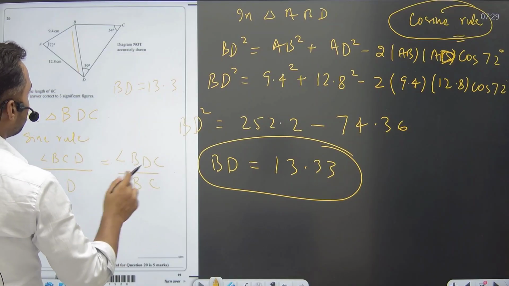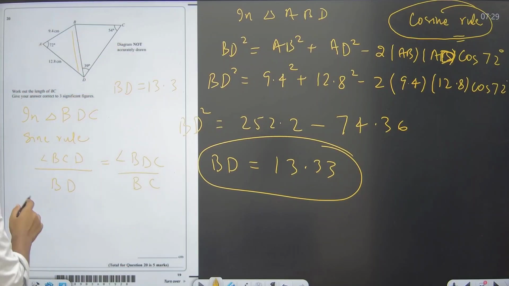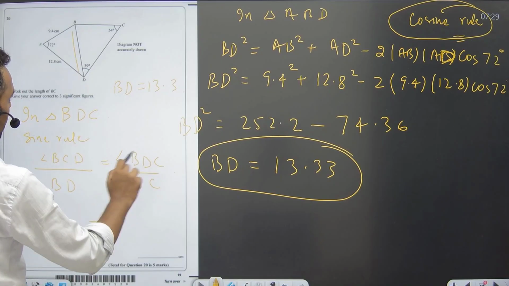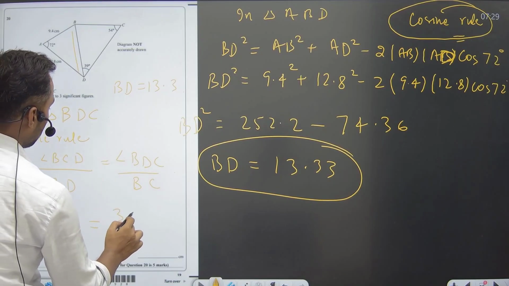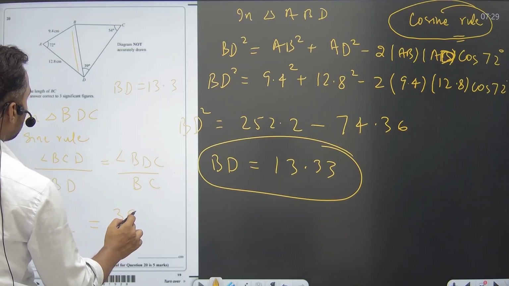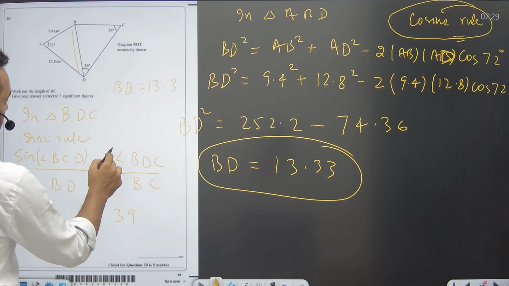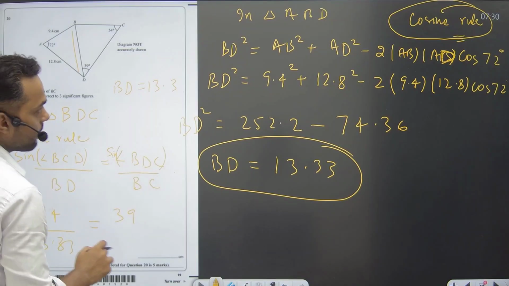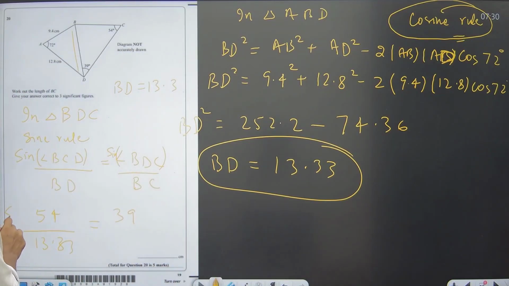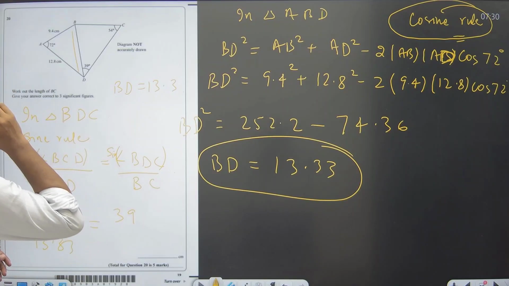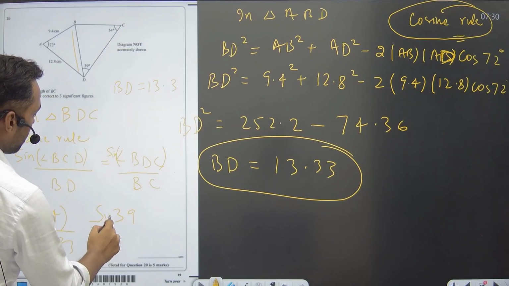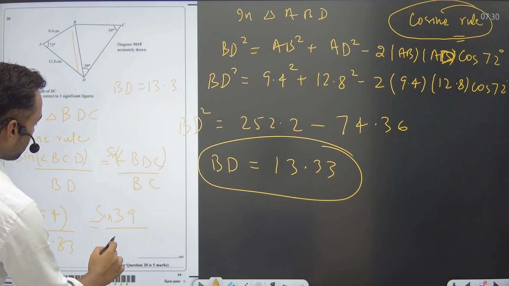BCD is given as 54 degrees and BD is 13.33, and angle BDC, if I say, is 39 degrees. Don't forget to mention sine here, students. So sine 54 upon 13.33 equals sine 39 upon BC, where we don't know the value of BC.